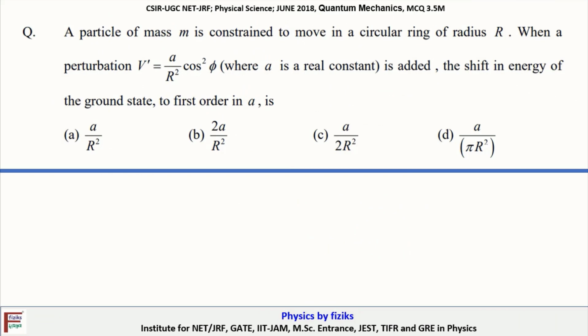A particle of mass m is constrained to move in a circular ring of radius r. When a perturbation V is added, find the shift of the ground state to first order in epsilon.